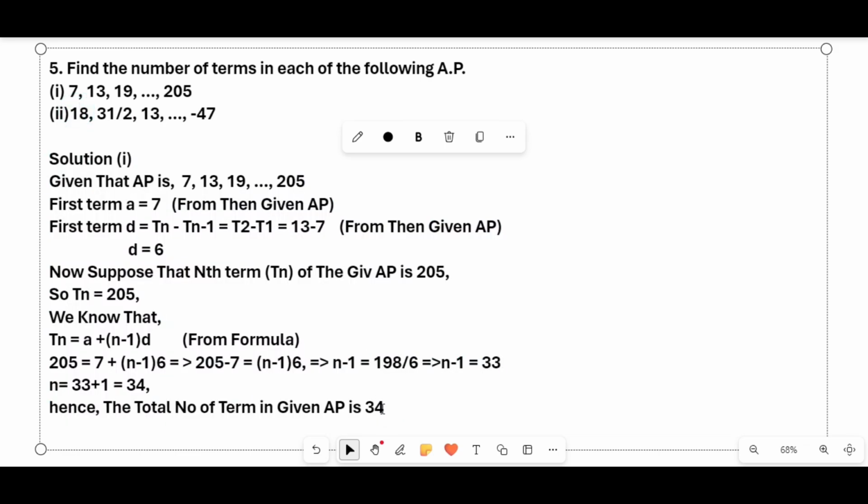Okay, so we just do the same things, just we change the values. We just remove everything first and move ahead.